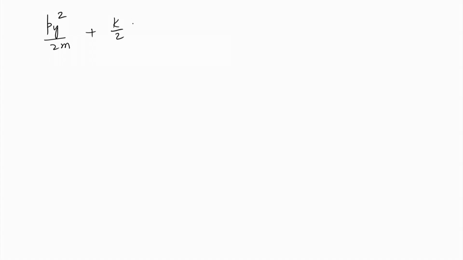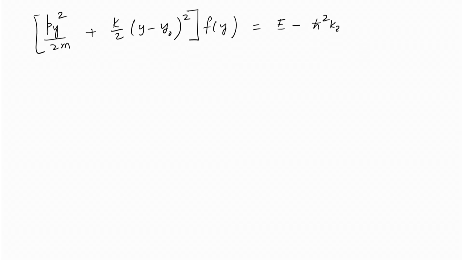P y or k y is not a good quantum number, because there is a y in the Hamiltonian, and y and p y do not commute. Y minus y 0, where y 0 is just a constant which depends on the magnetic field, etc. We will just write it here. So, it is E minus h cross square k z square over 2 m, times f of y.